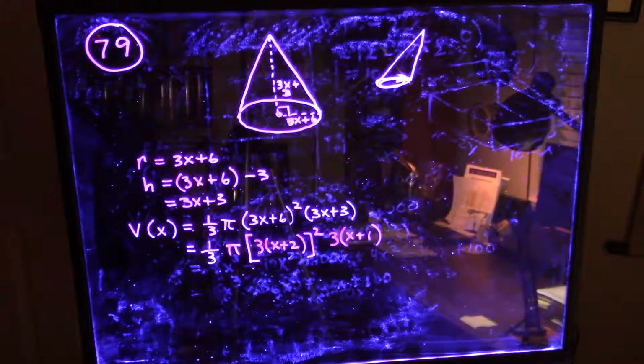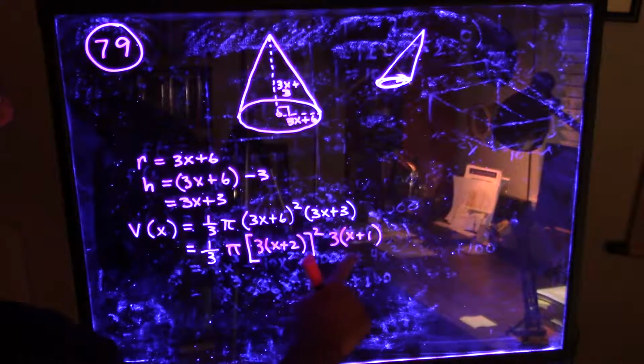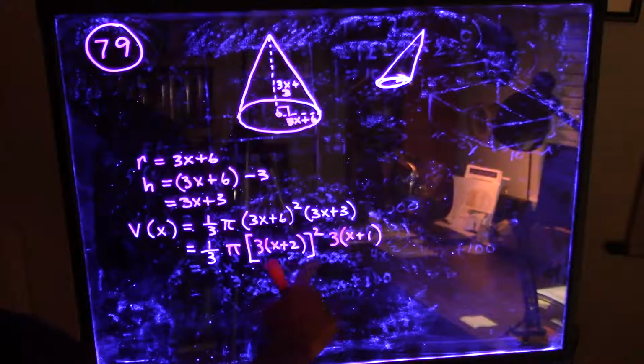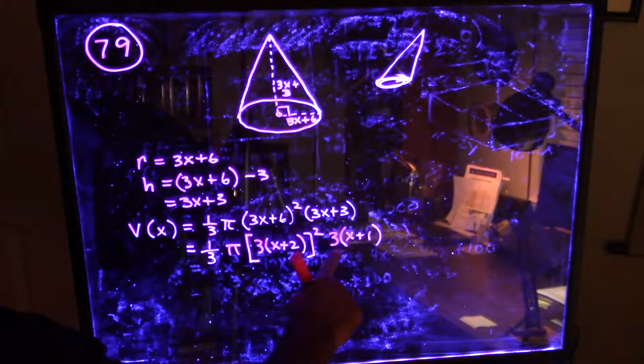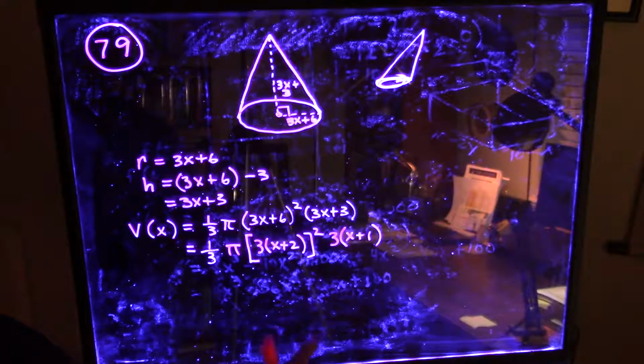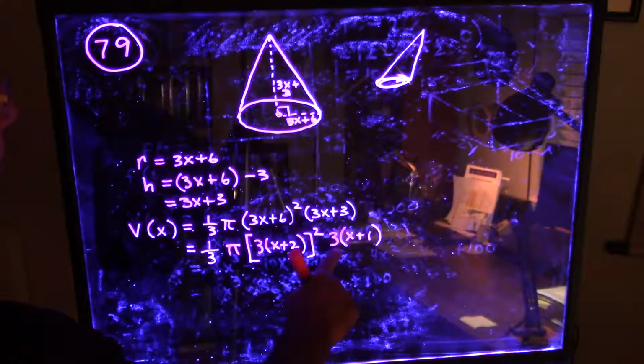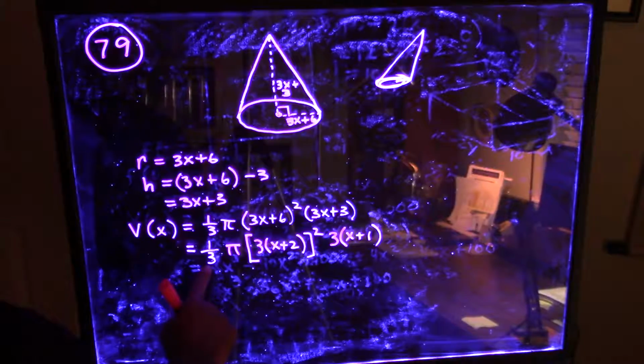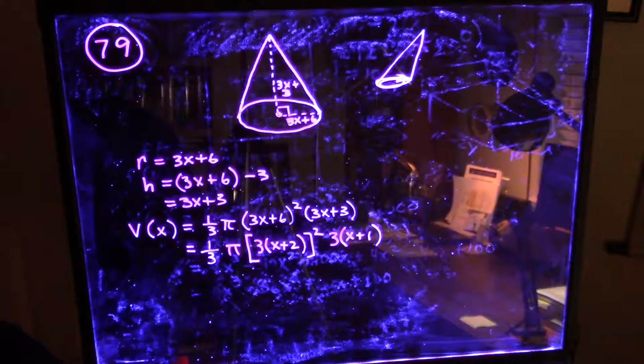Now what do you do with this 3? They're all factors. When you multiply, you can multiply in any order because of commutativity of multiplication. So you can move the 3 all the way over here if you wish and multiply it by the 1/3.